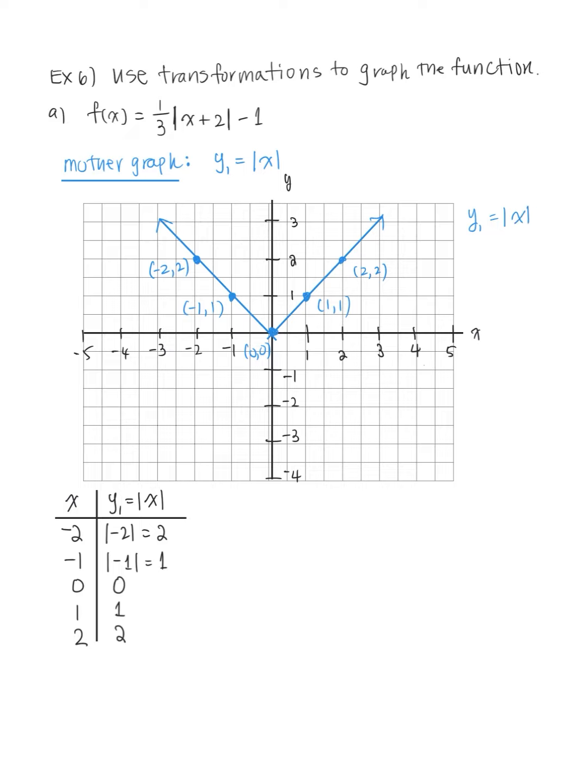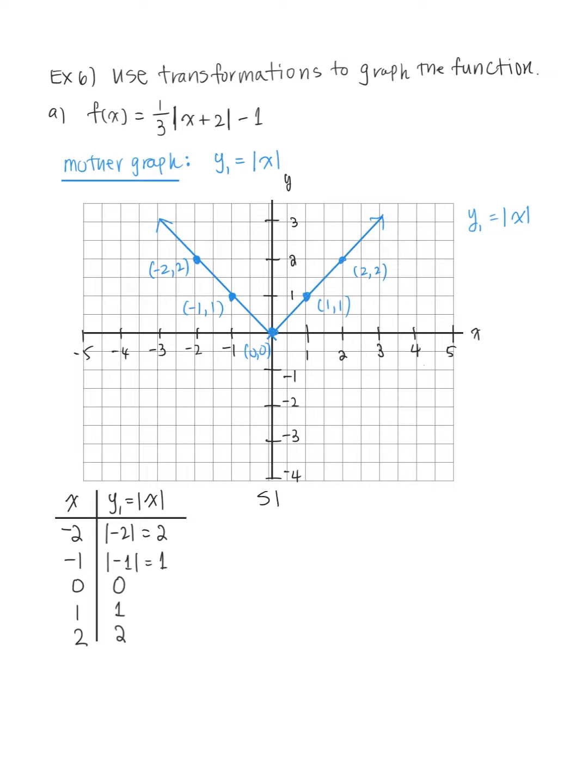Now, before we start computing, let's just summarize what kind of transformation we're going to use for each step to get to the f of x. So our first step was the mother graph, which was y1 equals absolute value of x, right? Now let's think about what's going to be the y sub 2. So let me just write down the steps so that way we can all do it the same way.